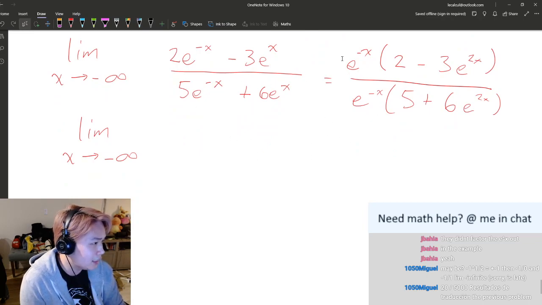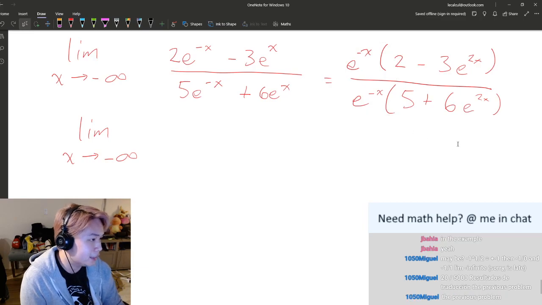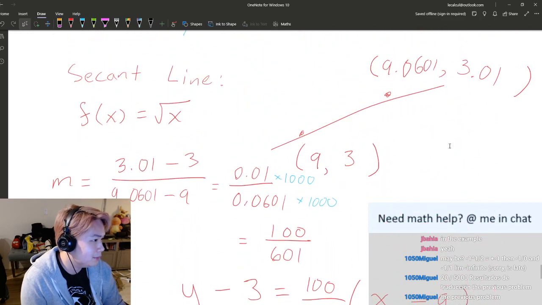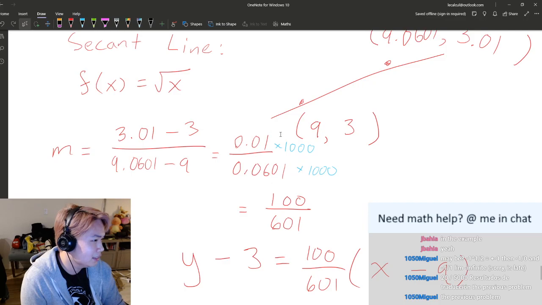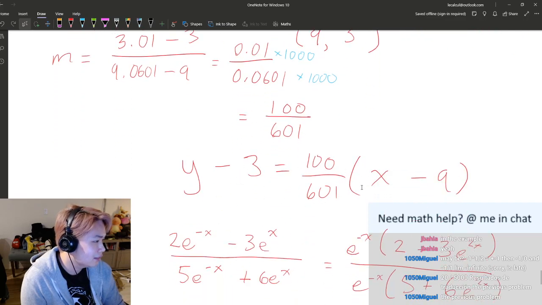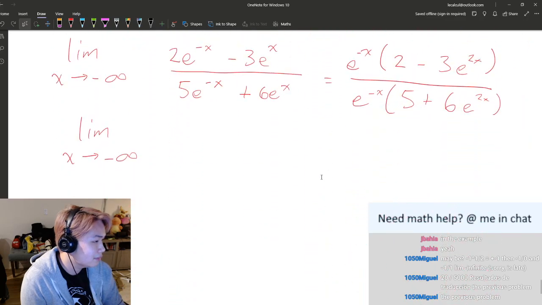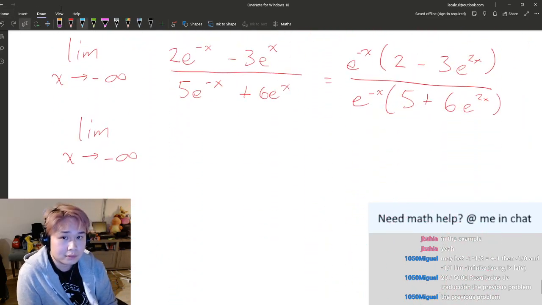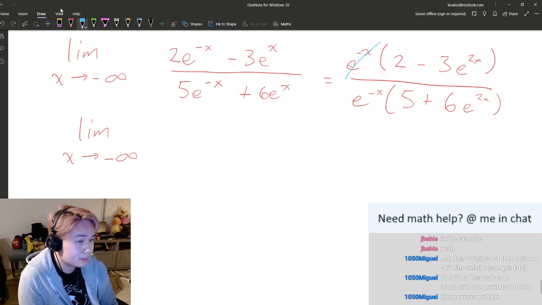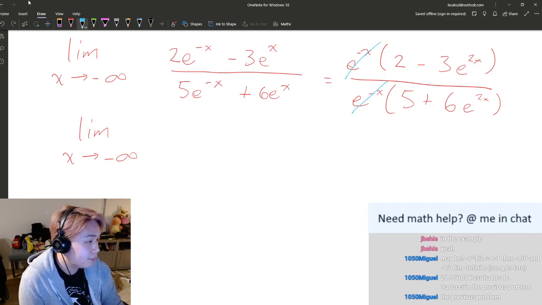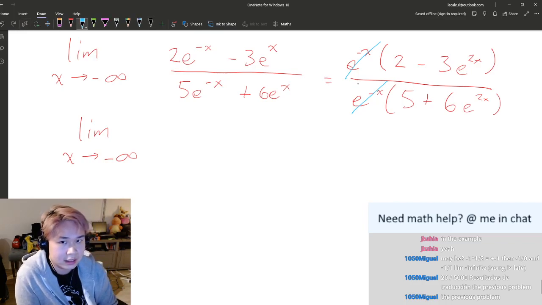But anyways, so we're factoring out a negative x instead. The previous problem, the secant line, this one right here. But anyways, these cancel out, and then what you're left with is something that works out this time.